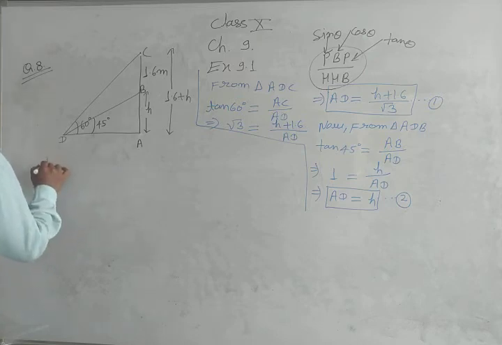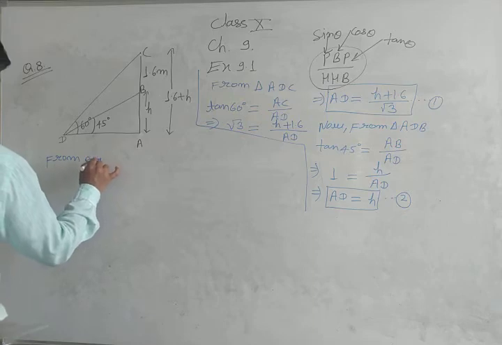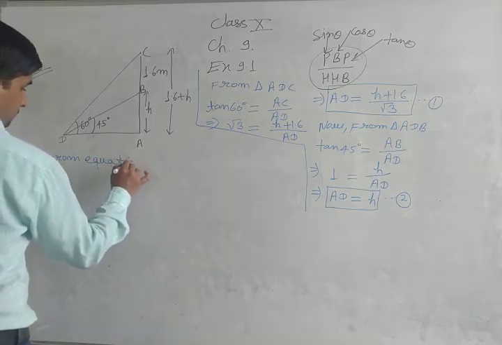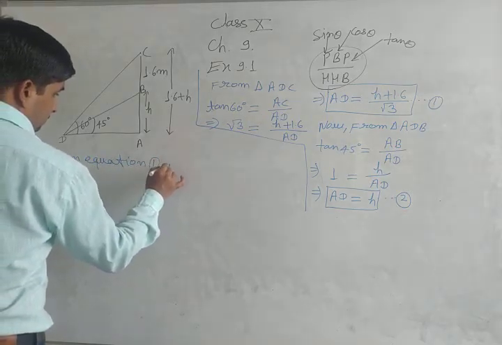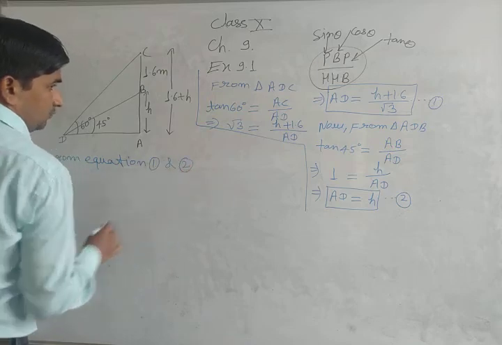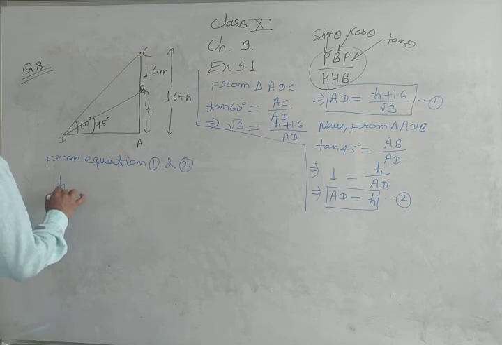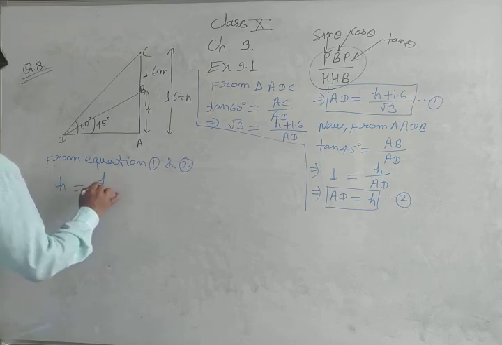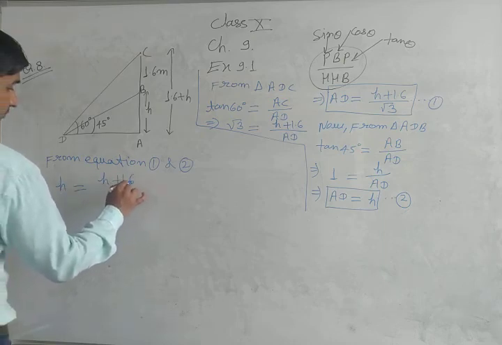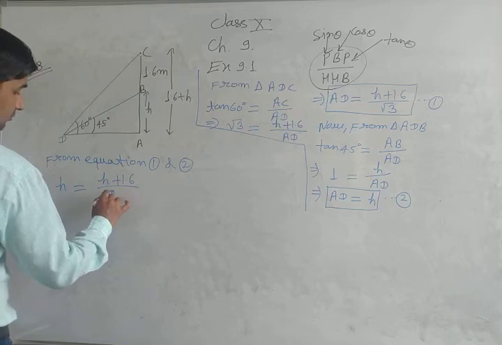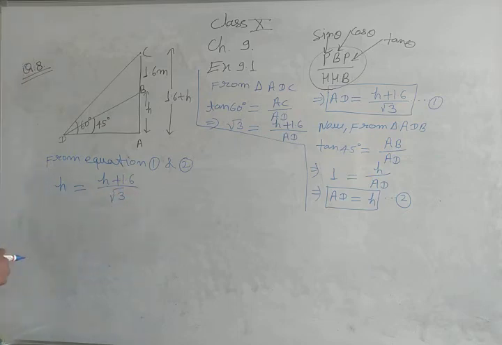From equation 1 and 2, h equals h plus 1.6 upon √3. Clear?